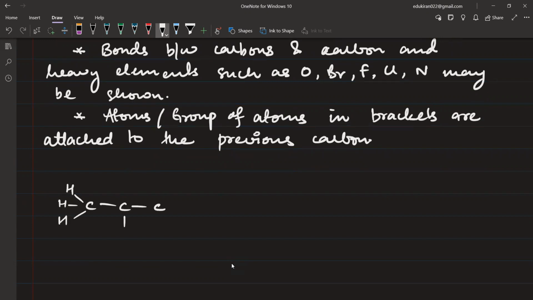This carbon is having 2 hydrogens. Another carbon atom here, and this is having 3 hydrogens, and this is also having 3 hydrogens. I have to write, this is the structural formula.